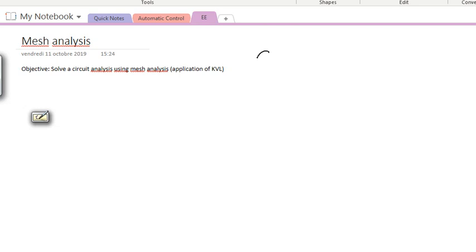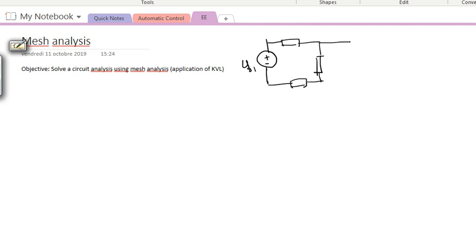Imagine you have a circuit like this. You have a voltage supply called US1 connected to several resistances in this configuration, and then there is another loop on the other side where you have another voltage supply and also another set of resistances.